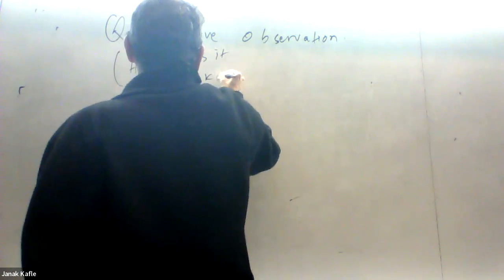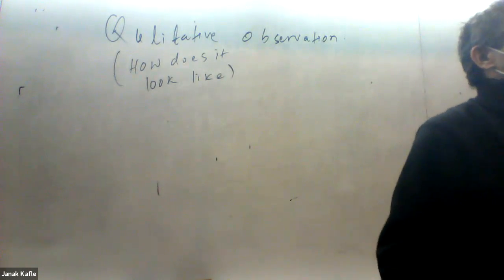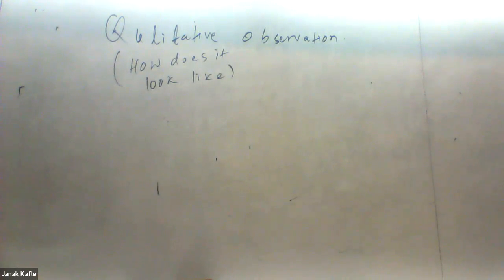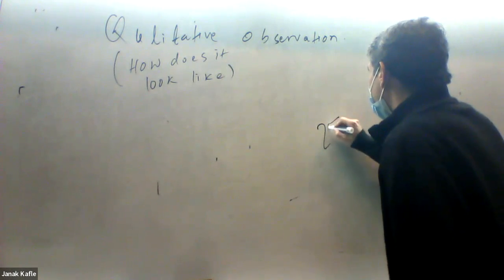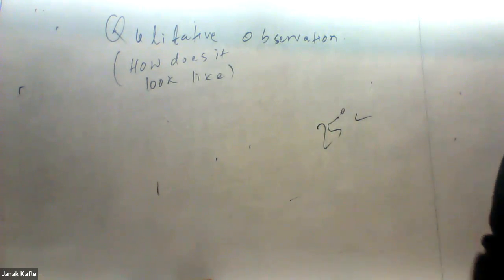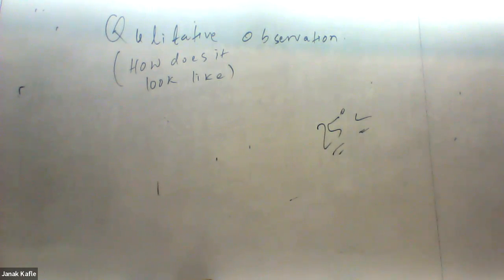You're not measuring and you are not giving numbers here. You're just trying to answer, how does it look like? What happened? Was it hot, or is it cold? You're not saying, okay, my water is 25 degrees centigrade. If you write this, this is not qualitative. This is quantitative, because you are giving the number and the unit, right? So that becomes a quantitative, number with the unit.